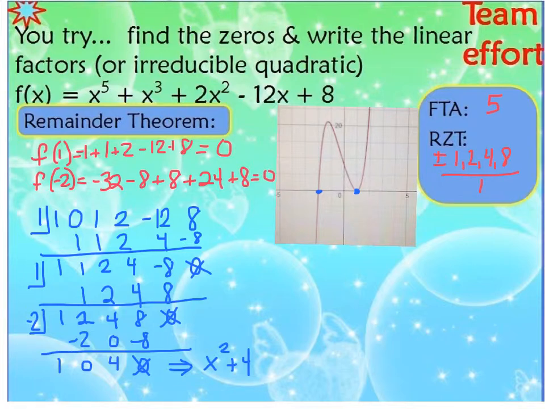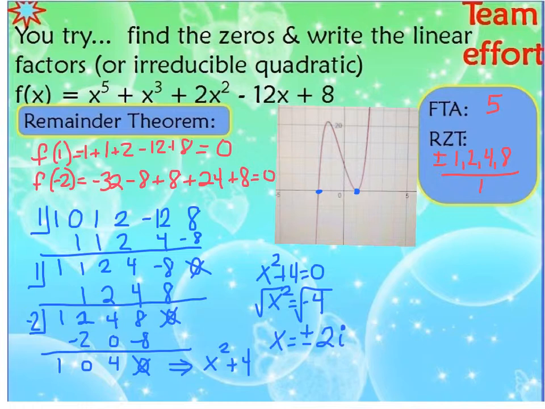So what that gets us is x squared plus 4 set equal to 0. Subtract the 4. Square root both sides. Don't forget your plus or minus when you square root both sides. The square root of 4 is just a 2, but since it's a negative 4, it's going to be 2i.